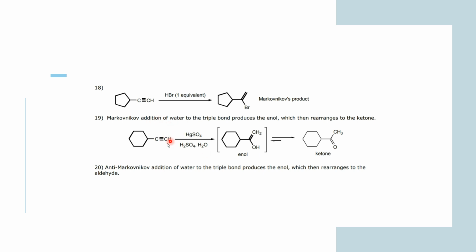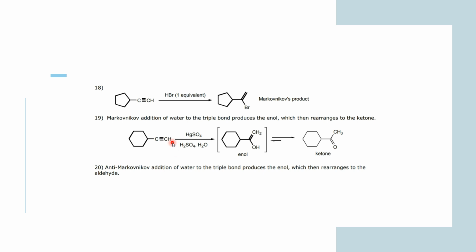After getting the mercuranium cation as the three-membered ring structure here, the water molecule will attack. But first you have to form the stable carbocation. First you get the three membered coordinating reactive intermediate, then the three membered ring will open up, giving you the more stable carbocation.